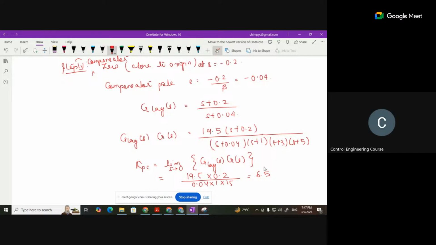Let us do one of the problems for the lead compensator. And omega n is not a big thing to calculate. I'll tell you how to calculate it right now, after doing this.